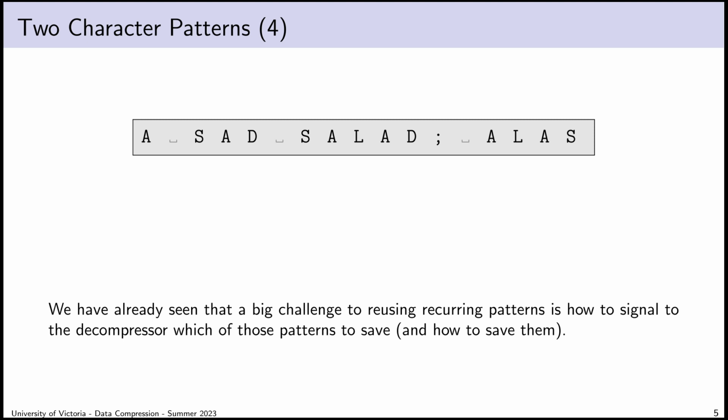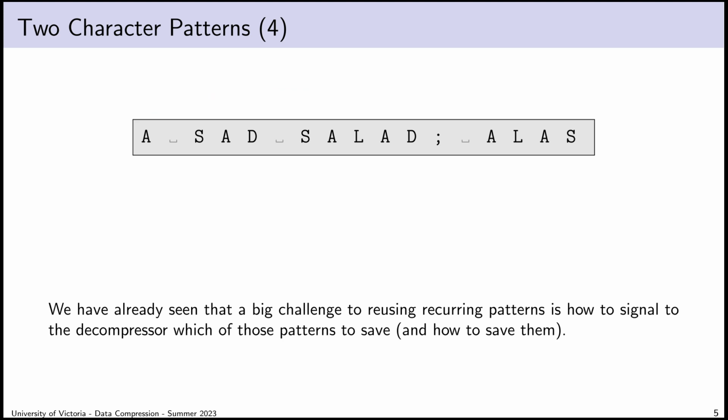I think we can agree by now, having seen a bunch of different ways of condensing multi-character patterns inside of a sequence, that the biggest enemy that we seem to be facing with such schemes is how to tell the decompressor what we're doing. So there actually are a lot of different schemes we could employ, some of which I've only alluded to and haven't discussed in detail, to eliminate multi-character patterns.